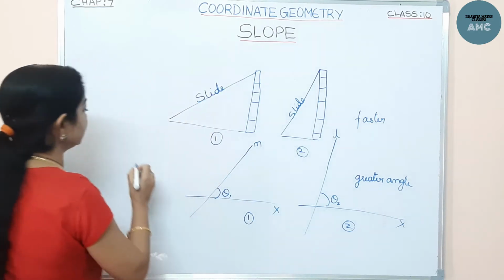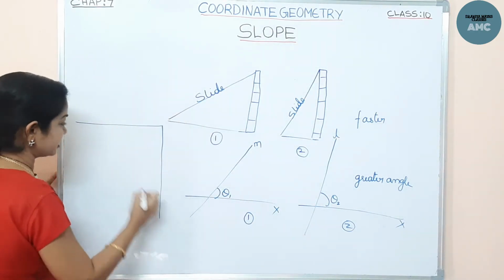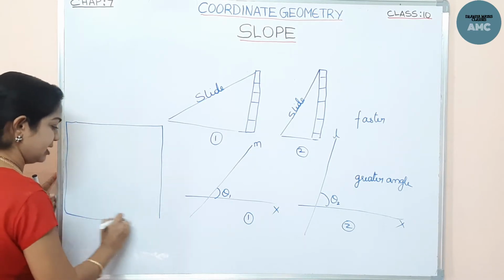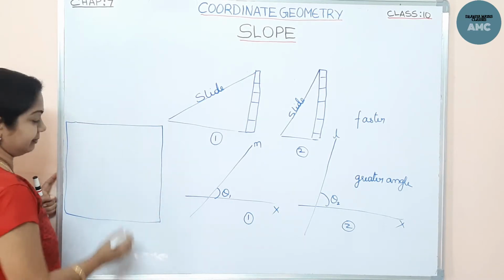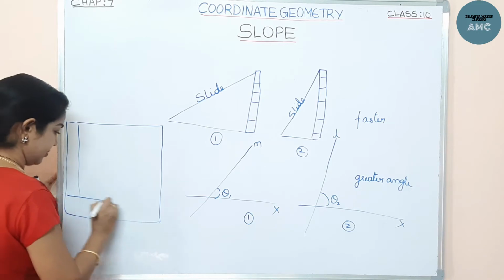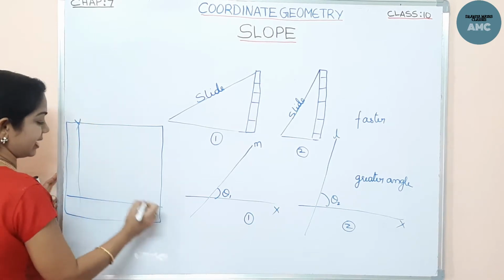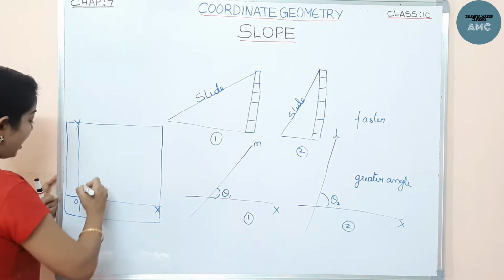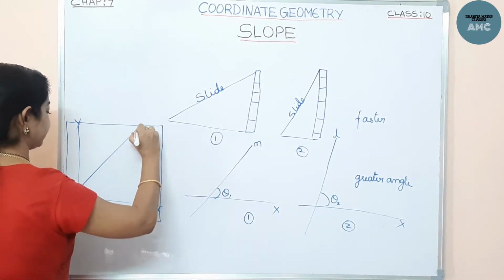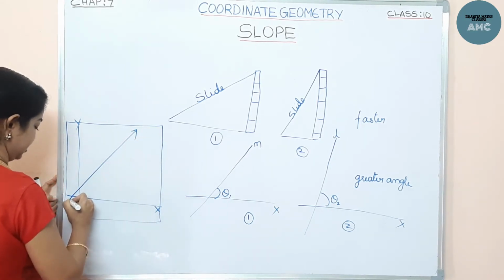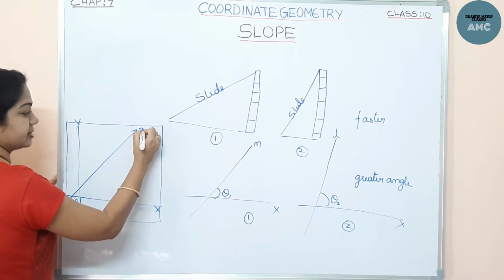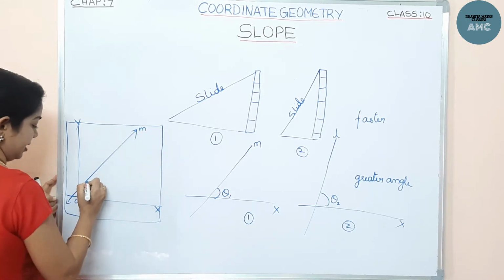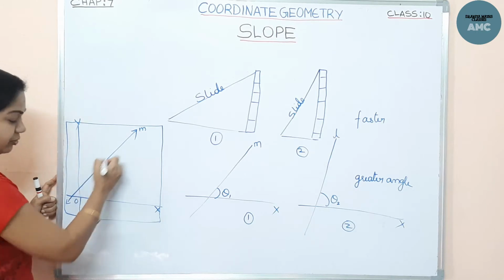Now we were discussing coordinate geometry, right? Now this is my coordinate plane. Sorry, this is the y-axis, this is the x-axis, this is the origin, right? Now I'll draw a line here. This is a line M, suppose, or a line L. How do I get a line?